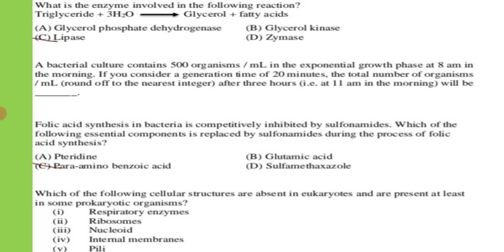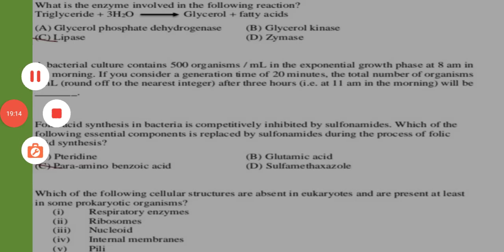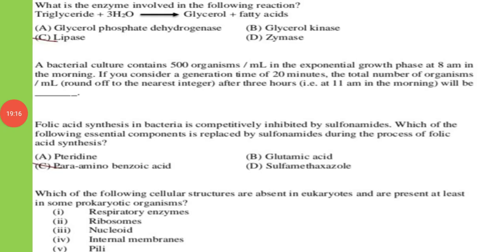The enzyme glycerol kinase catalyzes the first step of glycerol metabolism, transferring the triol into glycerol 3 phosphate. Zymase converts a proenzyme into an enzyme. So option C is the answer to this question.